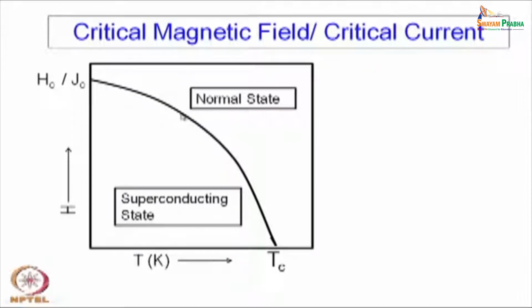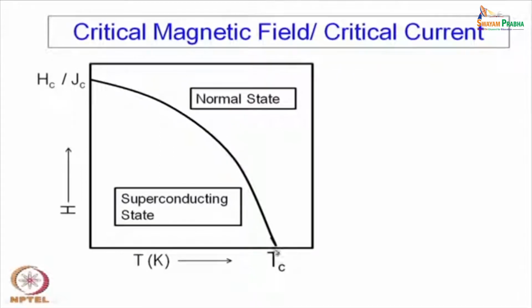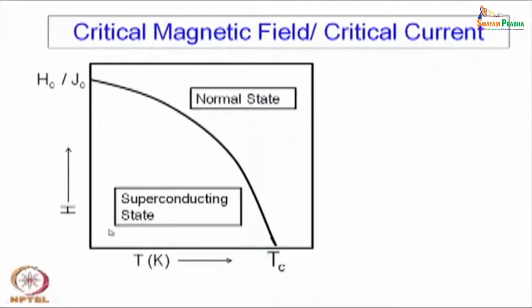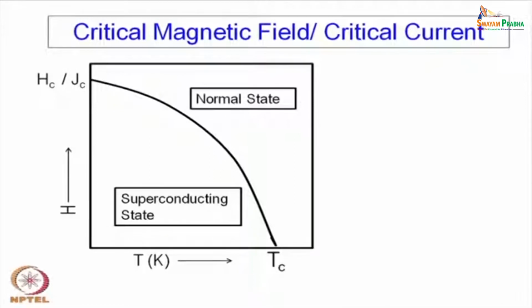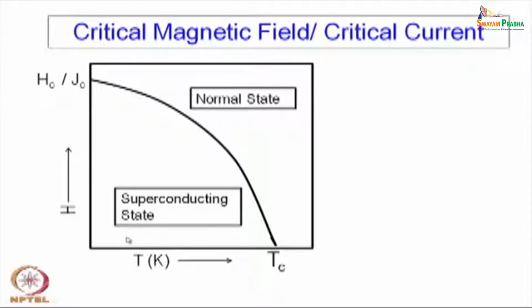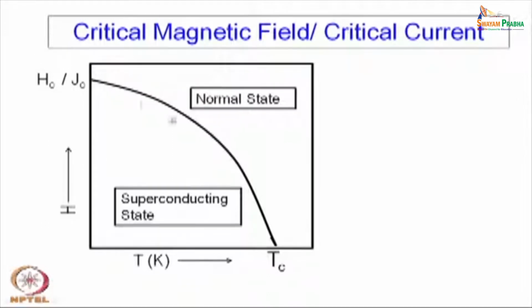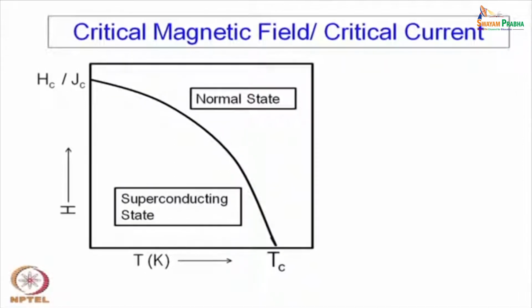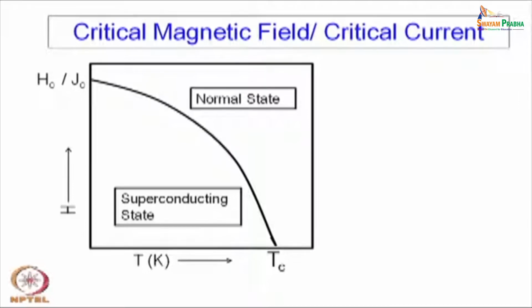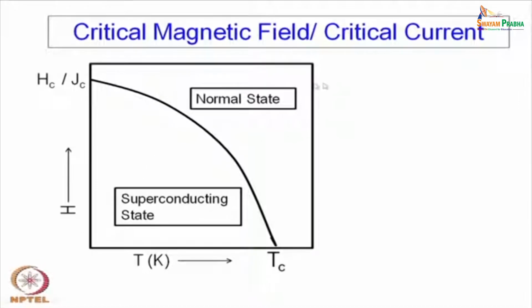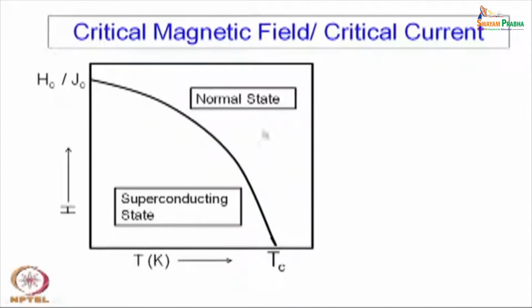The critical current decreases as we come closer to Tc, but the critical current increases as we go towards 0 degree Kelvin. So, there is a relationship between the temperature, the magnetic field and Jc. Jc is termed as the critical current which can flow in a superconductor without changing it to the normal state. Otherwise a superconductor becomes non-superconductor if those values are exceeded.